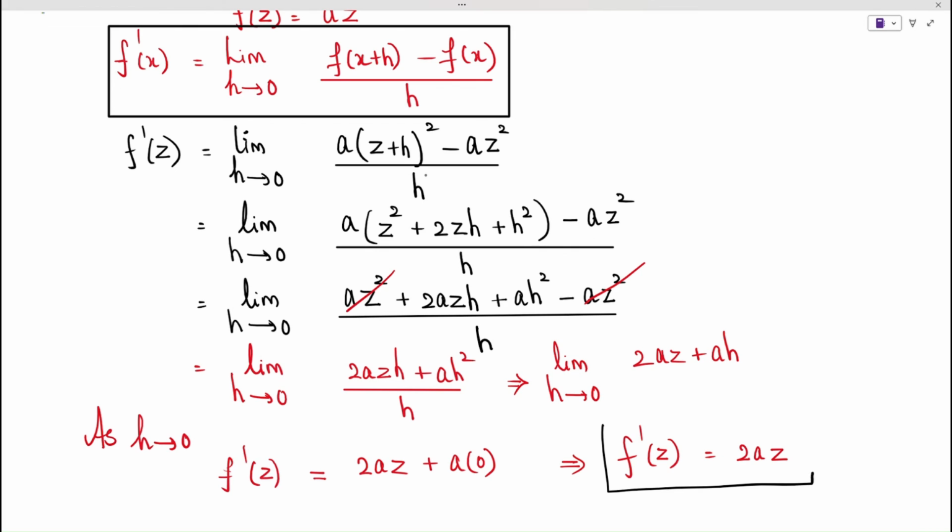And we have proven from first principles that the derivative of az squared is equal to 2az.